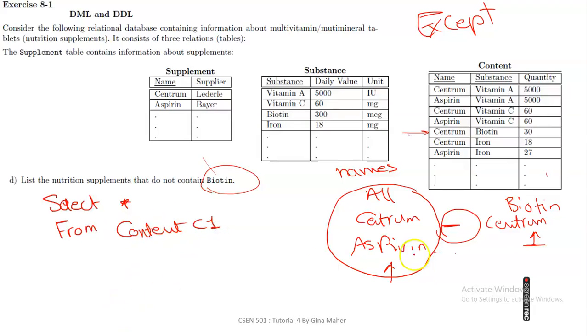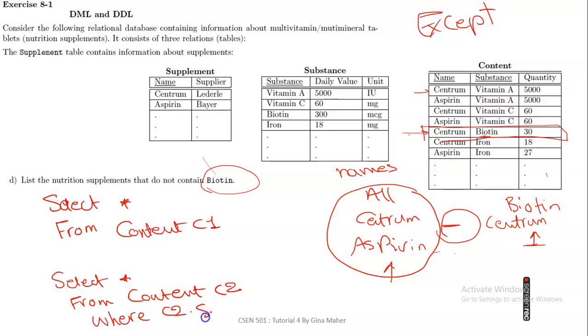C1, and now we want to get the rows that have biotin, which will be centrum. Select all from content C2 where C2.substance equals biotin.